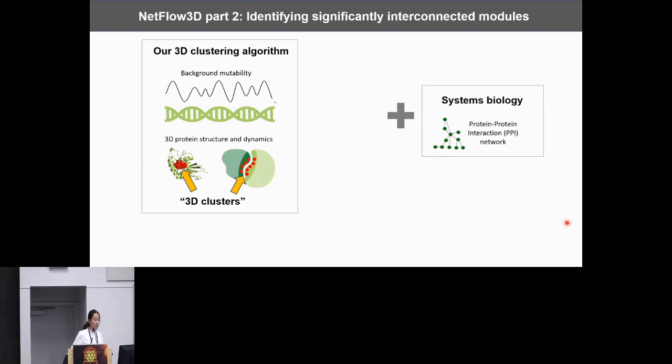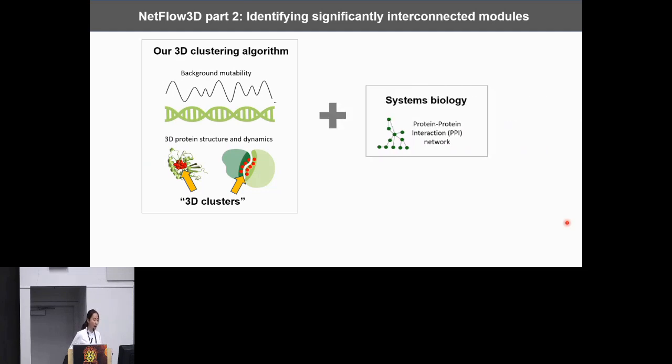And it achieves this by further integrating the insights from the protein-protein interaction network so that it can identify the specific modules within the network where different 3D clusters are significantly interconnected with each other.